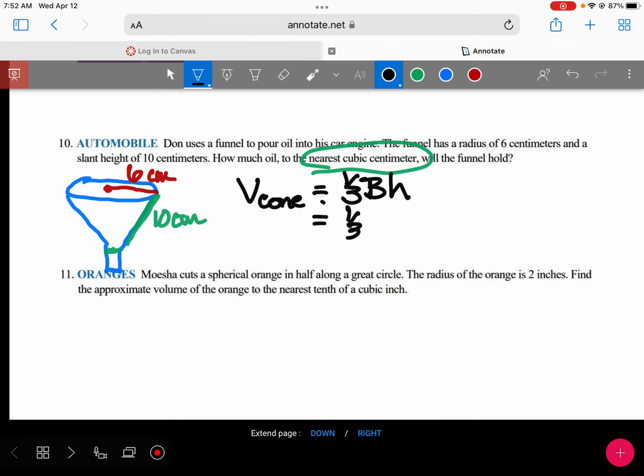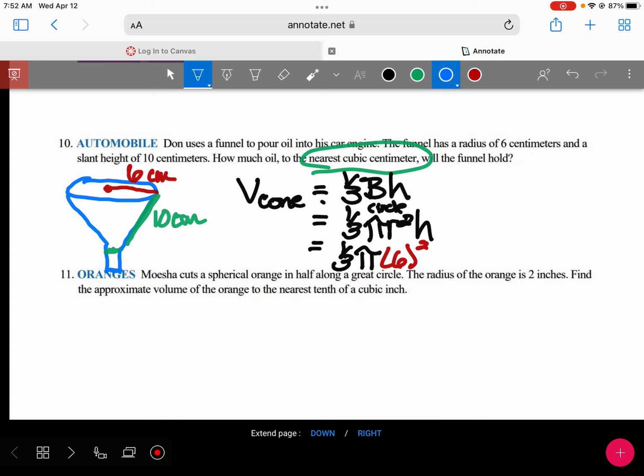So that's 1/3, area of my base is a circle, which is pi r squared, times the height, and it has to be the perpendicular height. So 1/3 pi radius, we said the radius is 6 squared times my height.